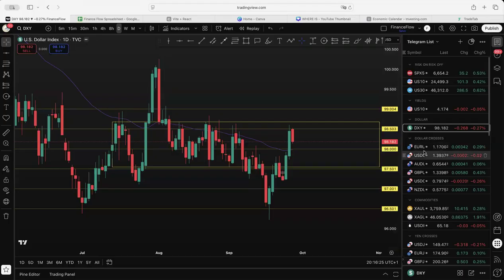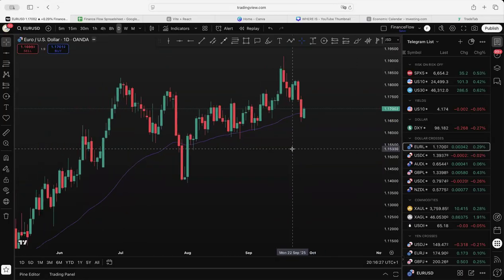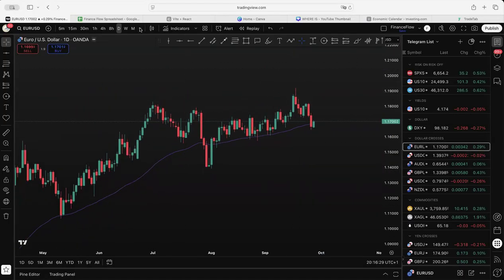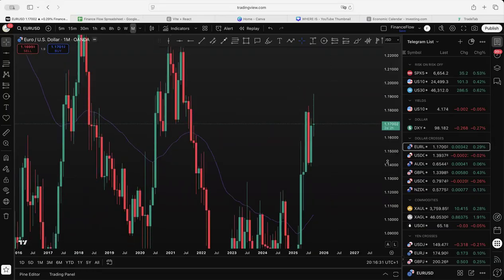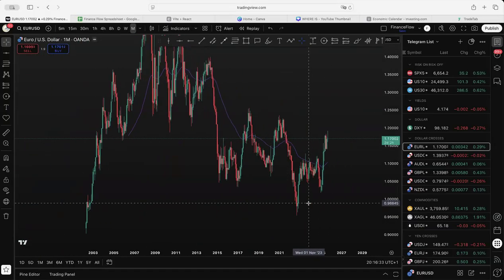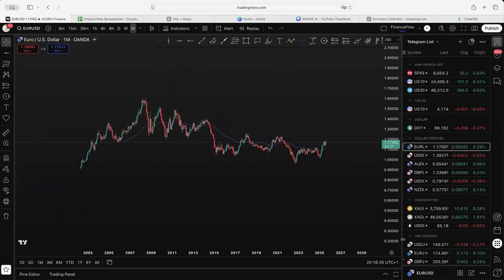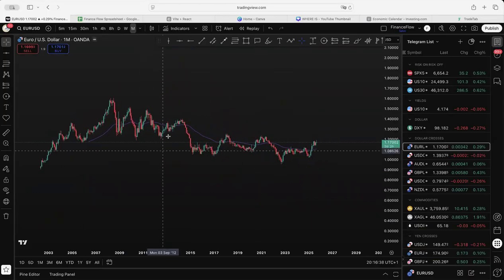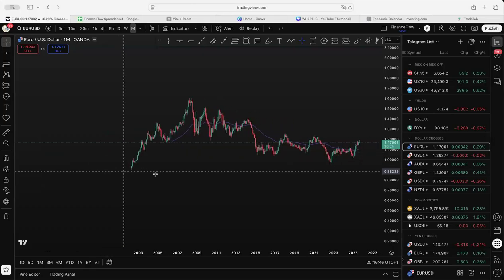So what I would potentially do, let's mark up euro from start to finish, and then we'll have a look at what we think here. Now this is obviously historical data here from euro, from 2002 on the monthly time frame.